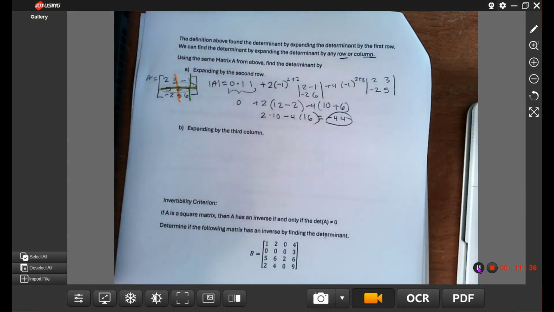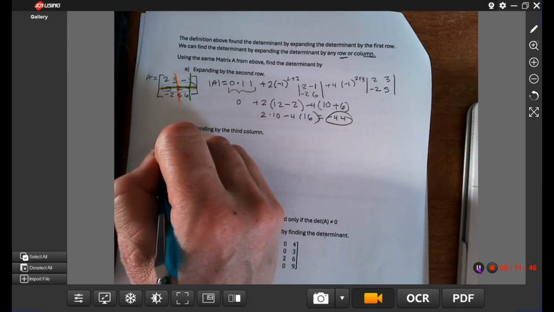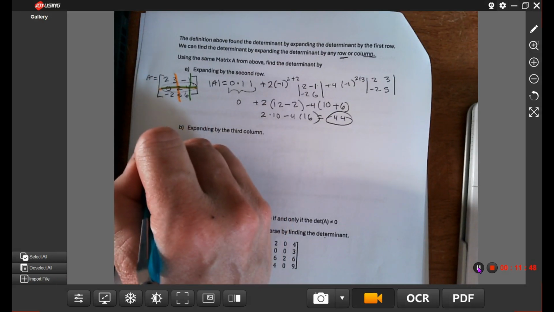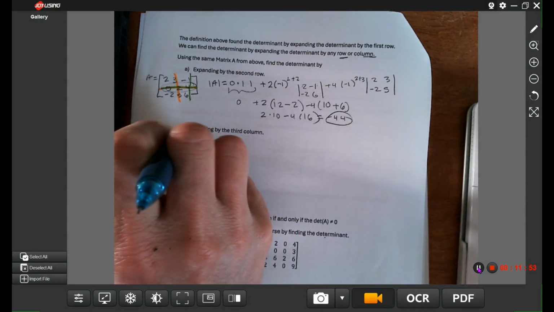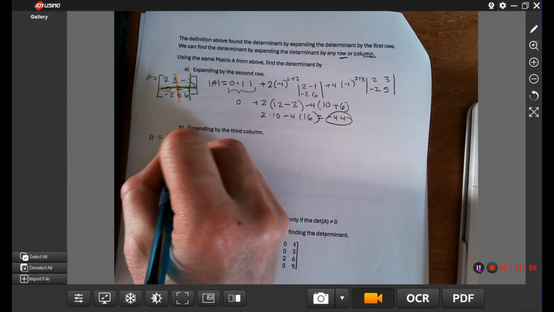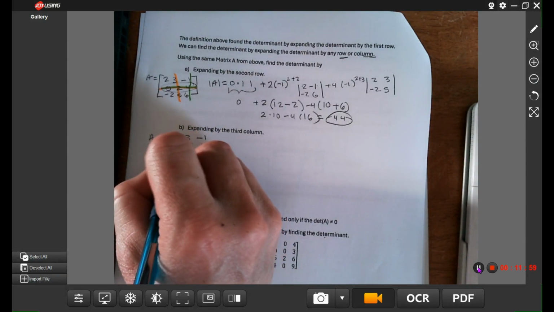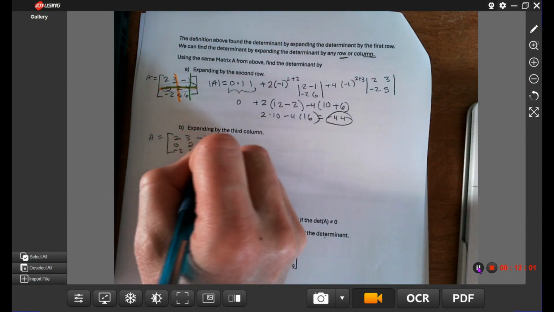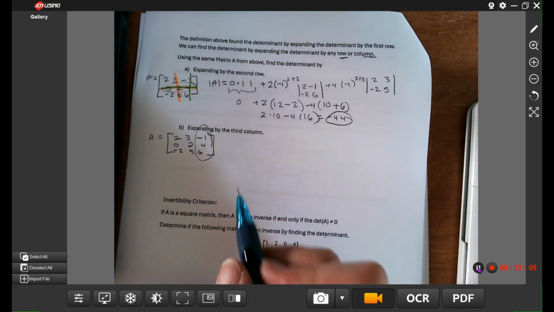So that's really nice because that's the same as what we got when we did it with the first row. And now we're going to do the same thing and expand by the third column. So again, I'm going to write down my matrix A. And I'm going to expand by this column.